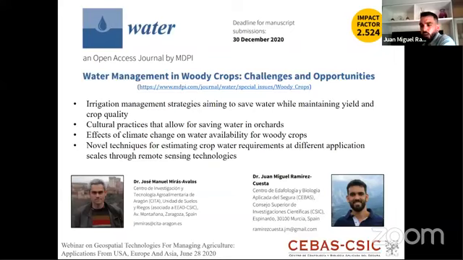Also in studies of other cultural practices that allow for saving water in orchards, as the case, for instance, of mulching. Studies focusing on the effect of climate change or water availability for woody crops, and works using novel techniques for estimating crop water requirements at different application scales through remote sensing technologies. So if any of you are working on some of these topics, we are pleased to invite you to consider sending a contribution for its eventual publication in this special issue.